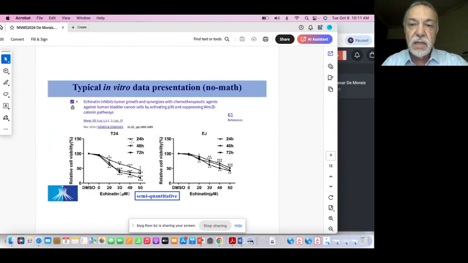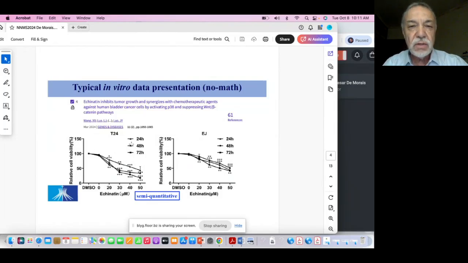You can, for instance, using this data, say something about the lethal dose 50, the LD50, or the benchmark dose.